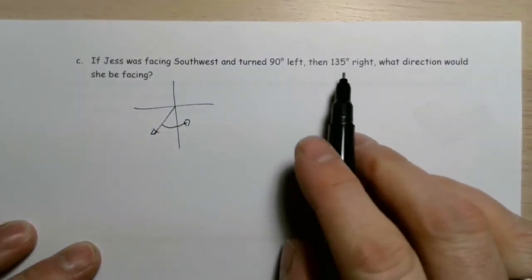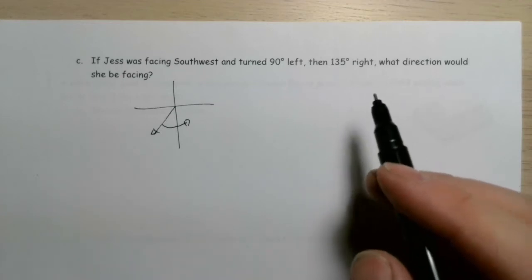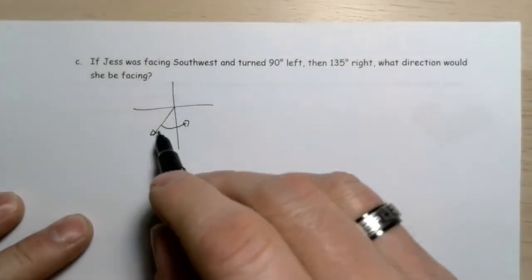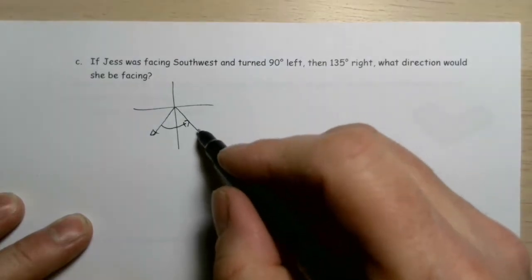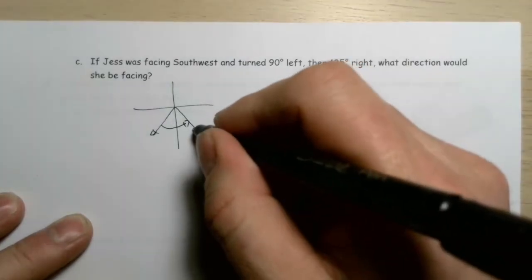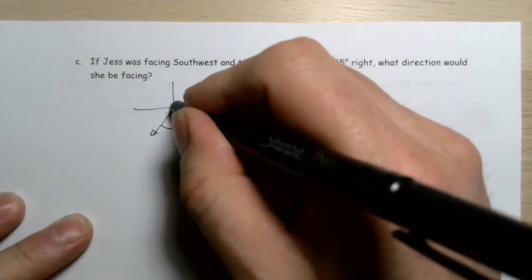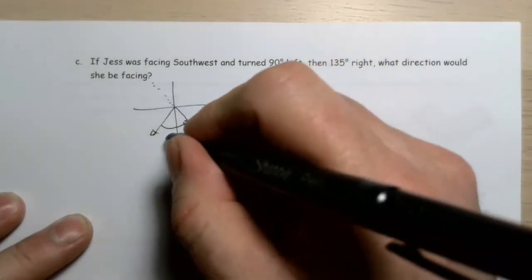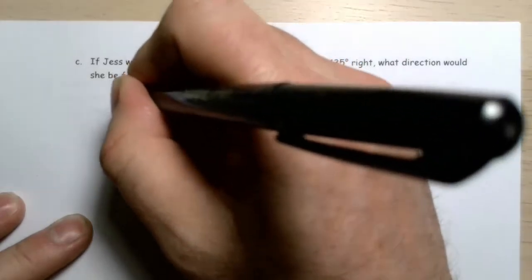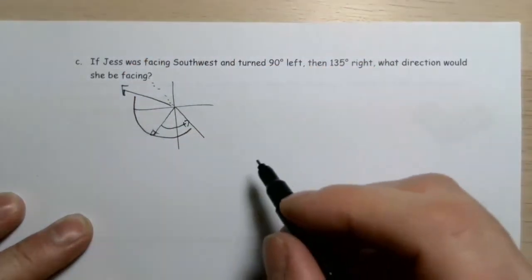Okay, and then 135 degrees to the right. So she's going to face 90 degrees this way, and then she's going to turn 135 degrees to the right. So now, remember, all the way back there would be 180, so it's going to be a little bit less than 180. So that's the final position right there.